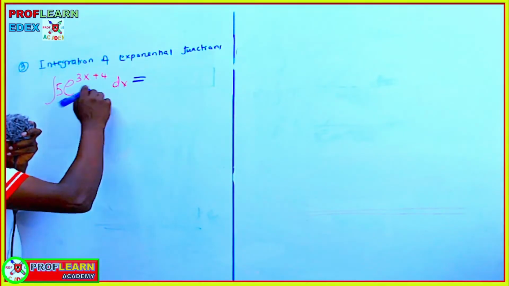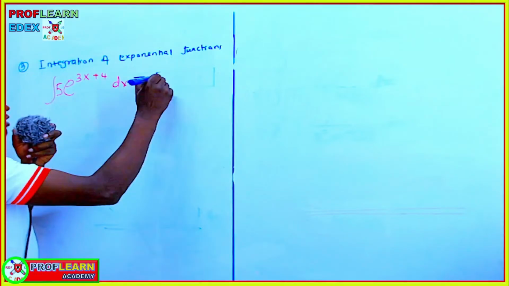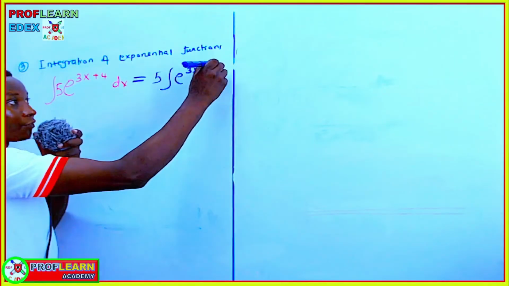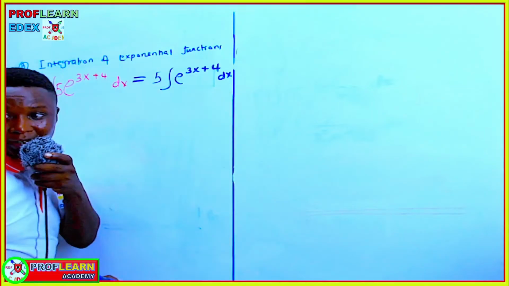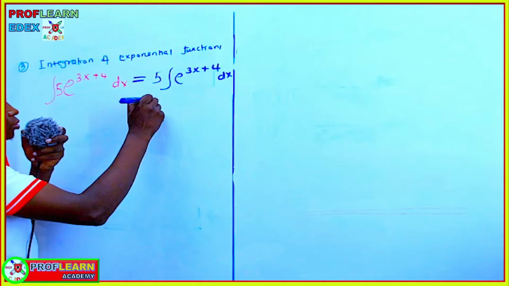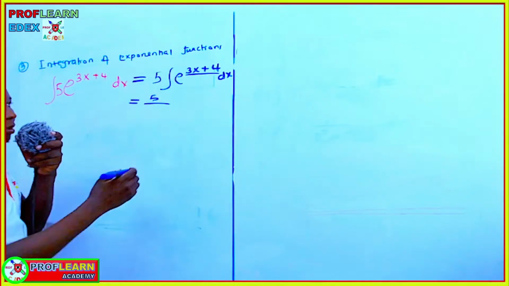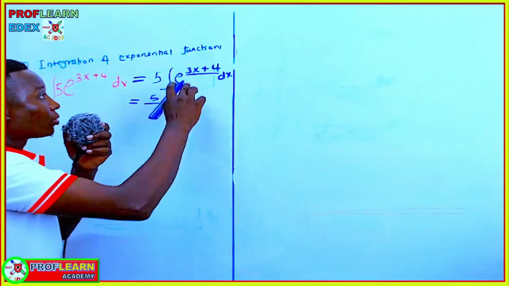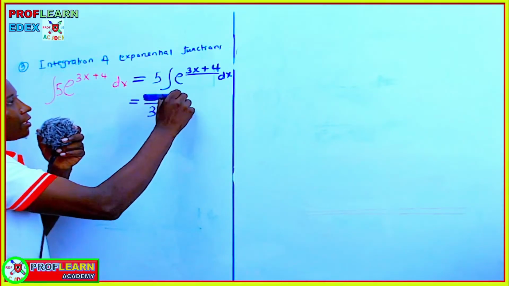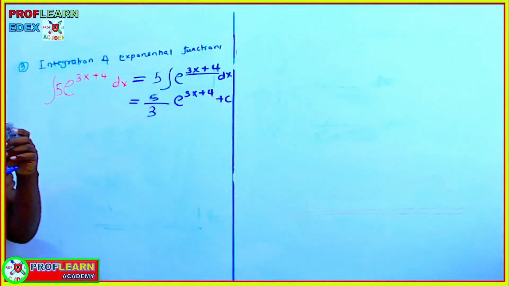We're going to factor the 5 out, so we are integrating e to the 3x plus 4 with respect to x. If you integrate this, you are going to get 5 over the differential of this, differentiating the top. What are you going to get? You are going to get 3. So you are going to say 5 over 3, e to the 3x plus 4. That is exactly what you do in order to work out this question.